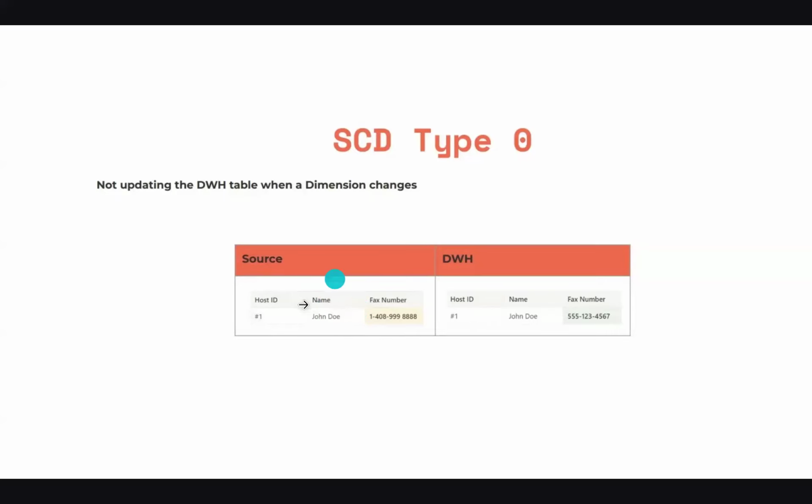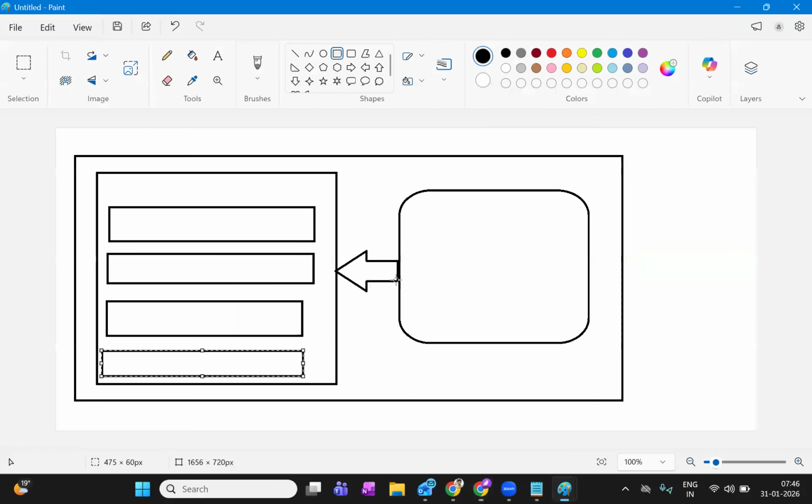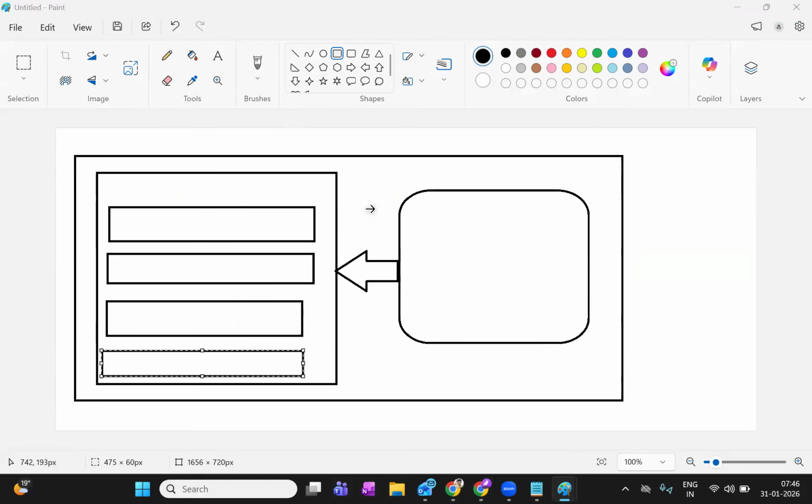This column will not change over a period of time. Even though you are getting the same details, we will not update this value. If I'm saying this is type 0, we cannot update or delete or do anything. Clear? Not all the columns, only the name column.